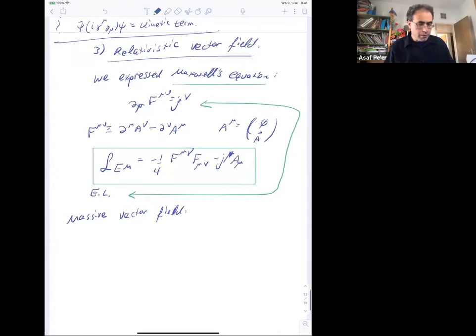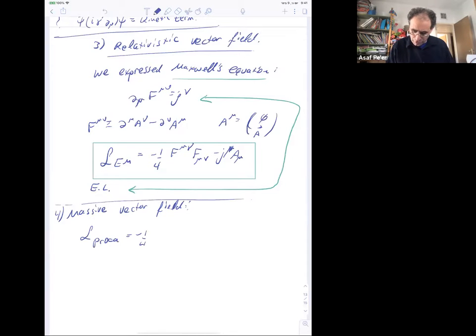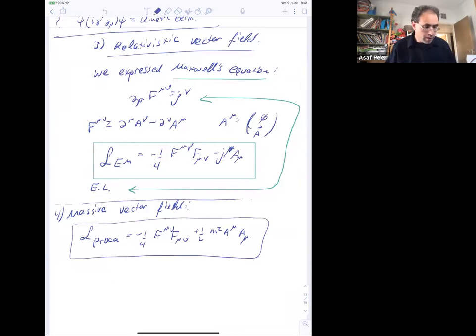The Euler-Lagrange equation, which we derive from the Proca Lagrangian, L Proca, is minus 1/4 F mu nu F mu nu plus 1/2 m squared A mu A mu. That's the Proca Lagrangian.